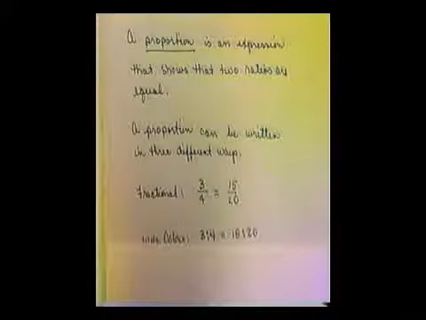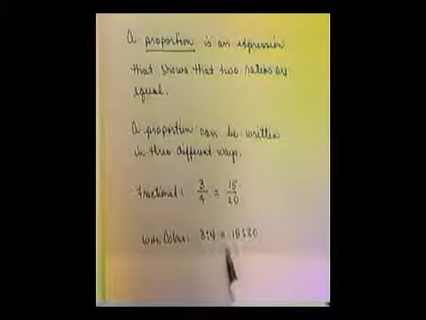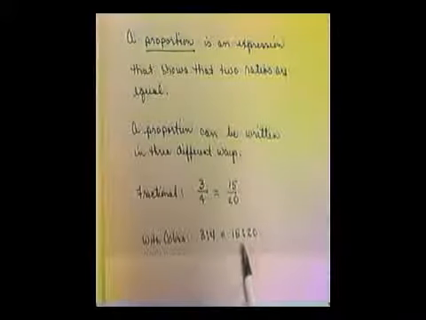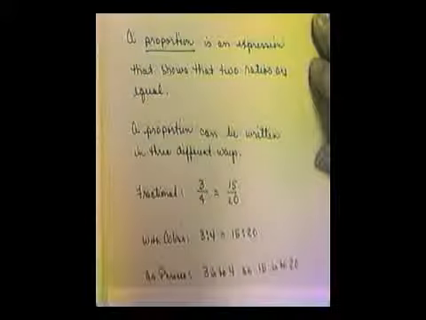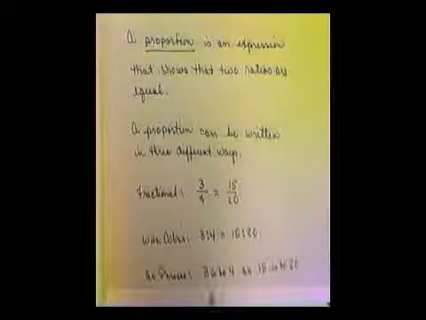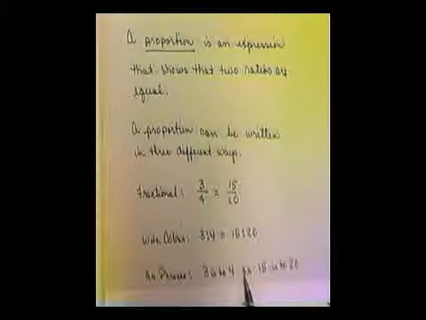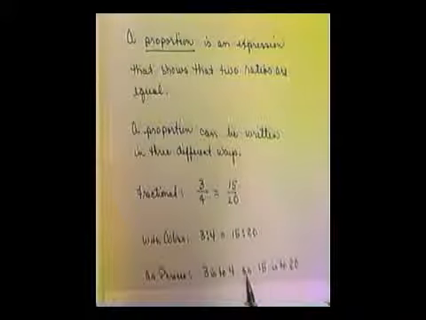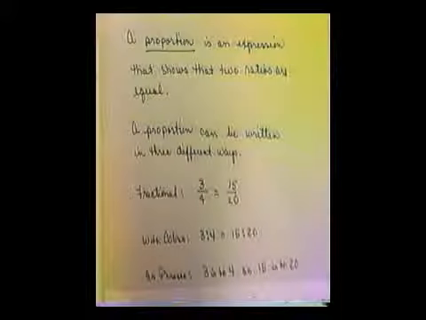Using the colon, it looks like this: 3:4 = 15:20. And as a phrase, 3 is to 4 as 15 is to 20. These are the three different ways the proportion can be written.